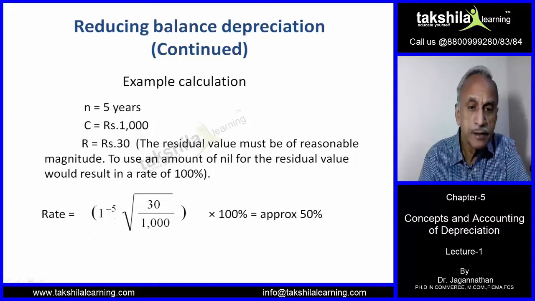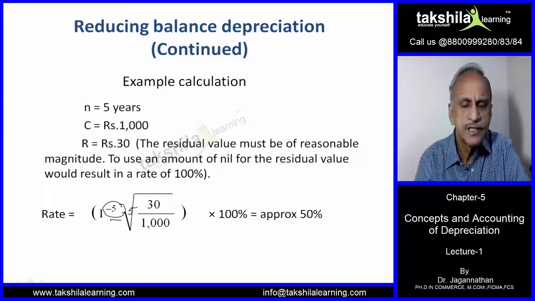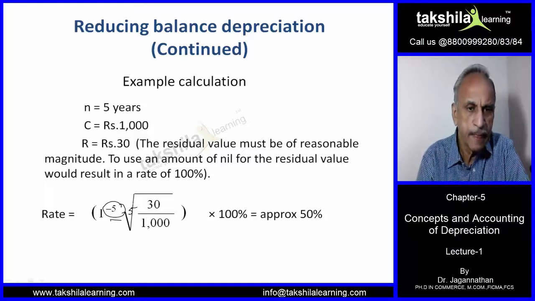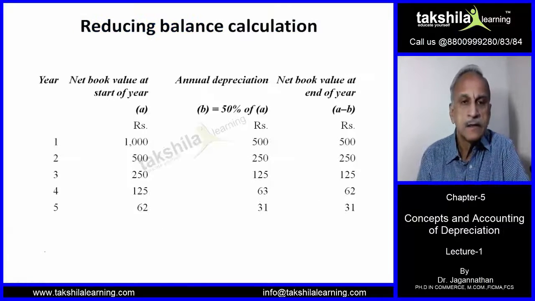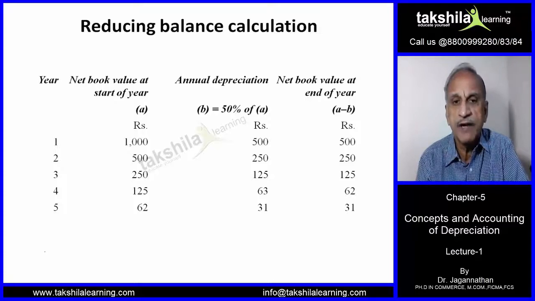So this is mathematically calculated and you will get approximately 50%. 1000 rupees original cost, right? 50% is the rate, 500 rupees the first year depreciation, the net book value is 500.